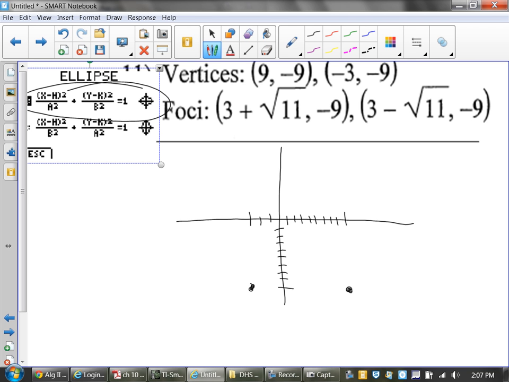It's the y. So I know that my center is going to be at something, -9. To figure out what the x value is, all I have to do is take -3 plus 9. What do you get? What's half of that? There's my center.